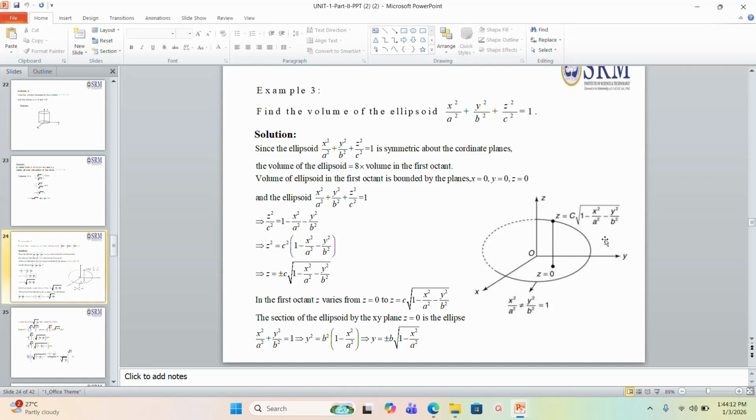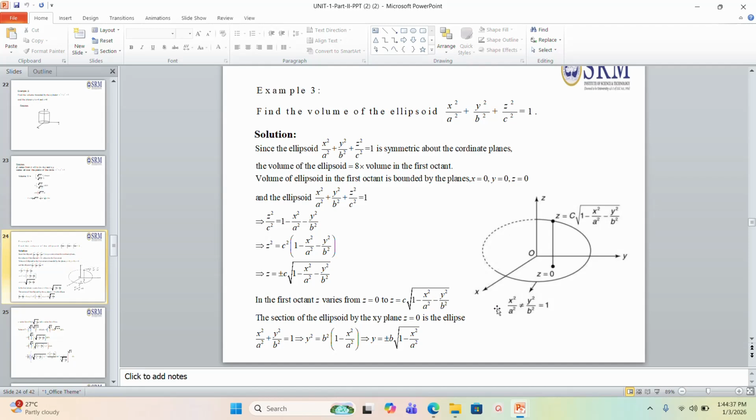So in the first octant, the x limits are 0 to a, the y limits are 0 to the square root of b square, which is b, so 0 to b into root of 1 minus x square by a square, and the z limits are 0 to c into root of 1 minus x square by a square minus y square by b square.